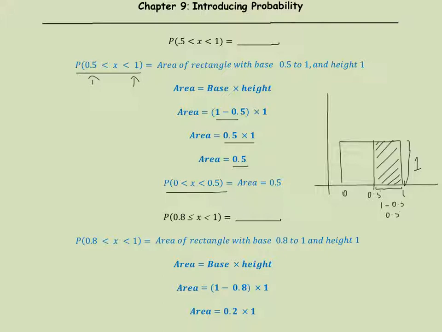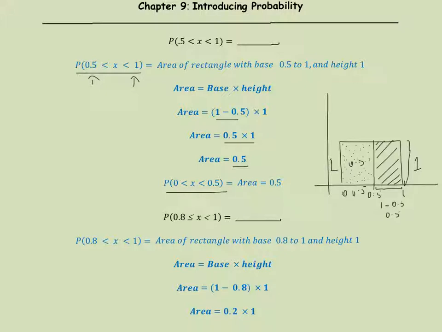What if we had to pick a number between 0 and 0.5? Notice that that's just the other half of the curve. So you look at the dotted part of the curve, that's the area that we're looking for, and that is also equal to 0.5. Because the base is 0.5, the height is 1, multiply the base with the height and it's equal to 0.5.